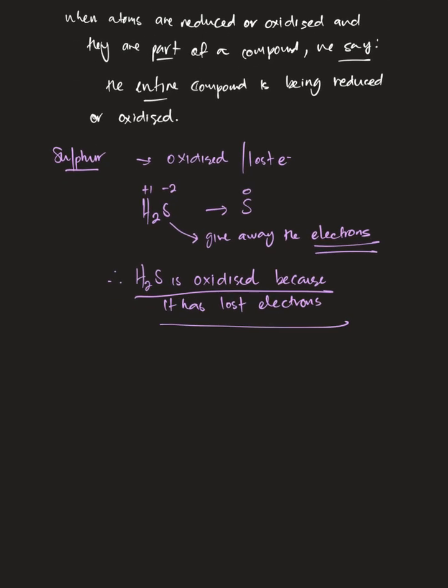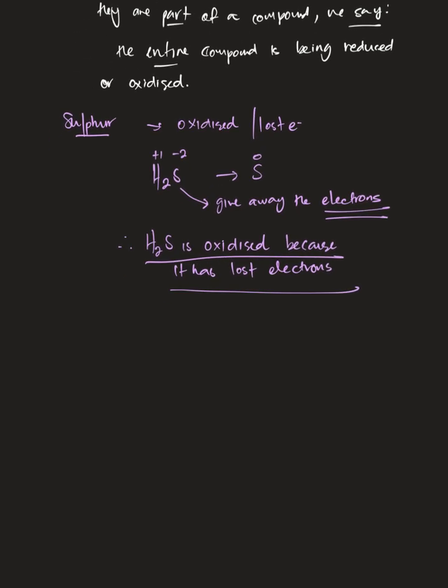Now, remember I said that this sulfur is giving away its electrons. To whom does it give away the electrons? I know that the sulfur gives the electrons to the nitrogen. But I know that the nitrogen doesn't belong to itself.